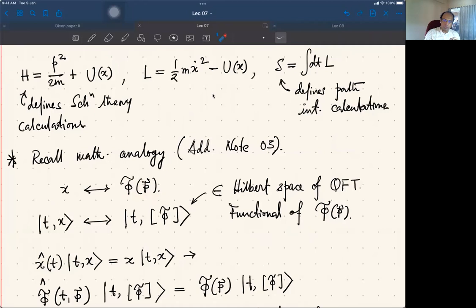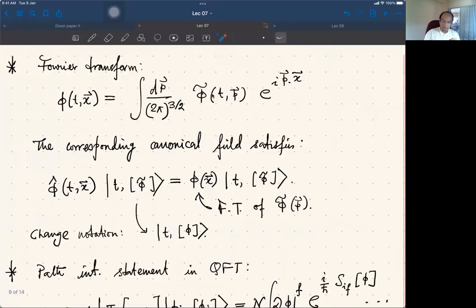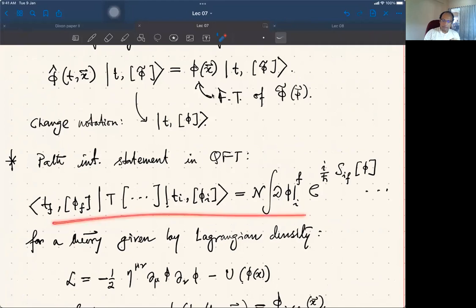Similarly, you can put a momentum space lattice, and then it becomes a countable number of degrees of freedom, and some total number of degrees of freedom will be n, and there will be a lattice spacing. At the end of the definition, for example this path integral statement, for each discrete momentum you have an integration.